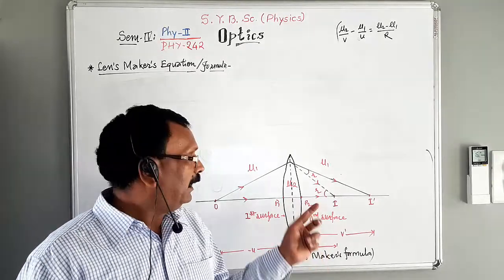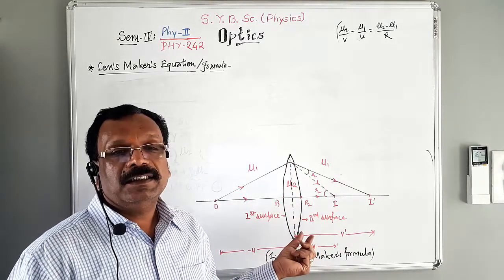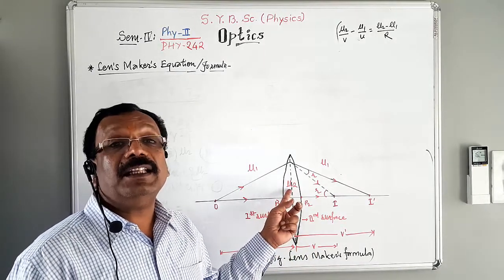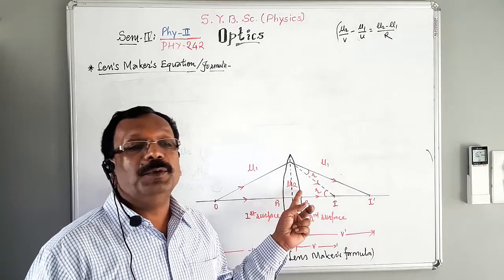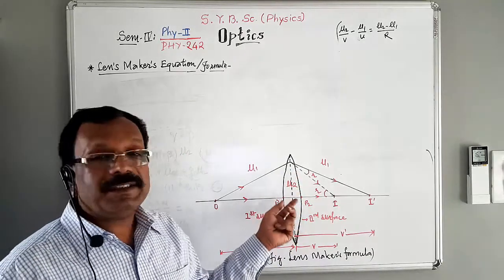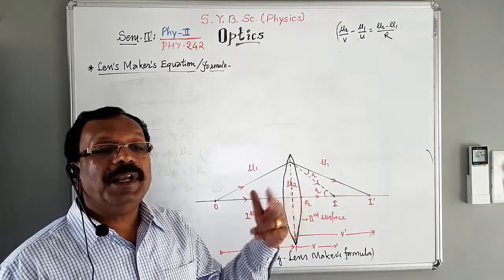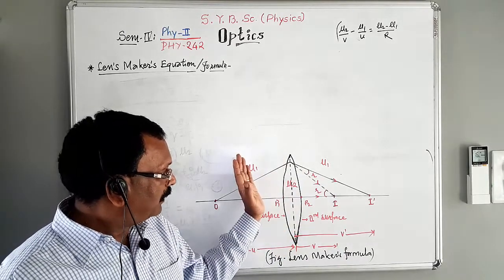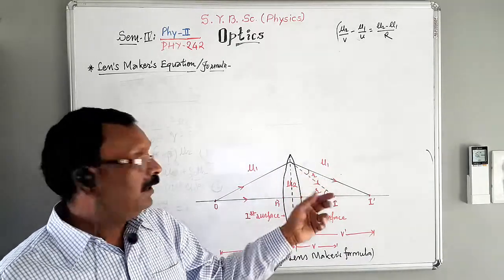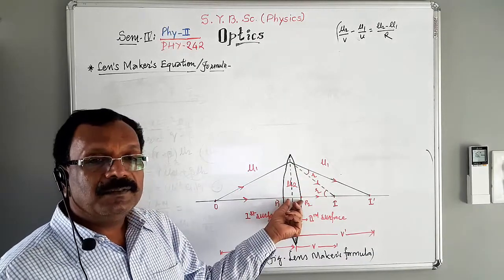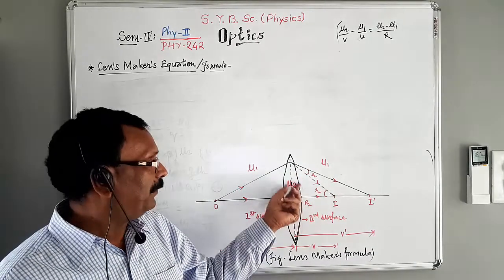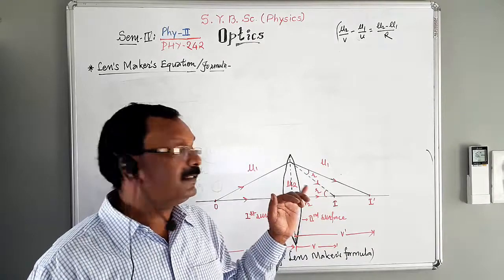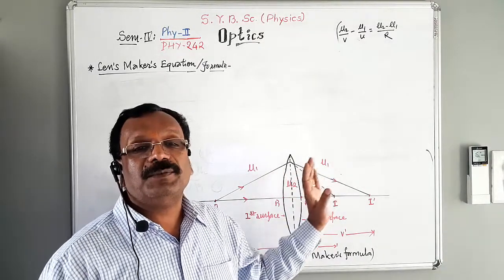Here we consider a thin convex lens whose refractive index is mu2, and this convex lens separates two media, one on this side and one on this side, air medium, with refractive index mu1 on both sides of the lens.